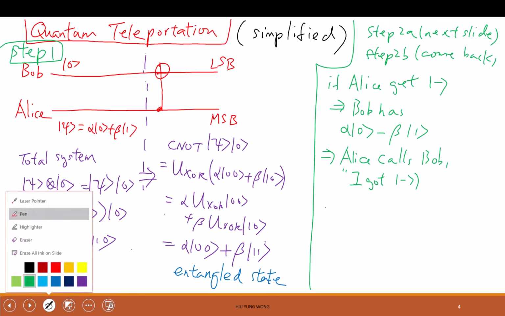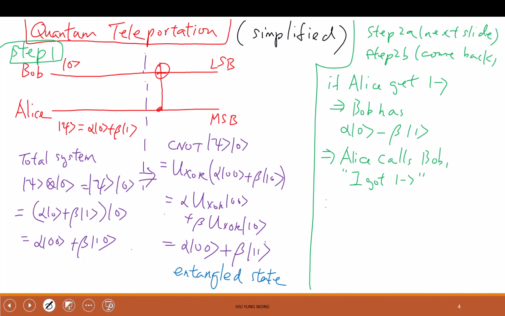Then what will Bob do? Then Bob will apply a Z gate, a phase shift gate, to his qubit. And what is a Z gate? [1, 0; 0, -1] is a phase shift gate.